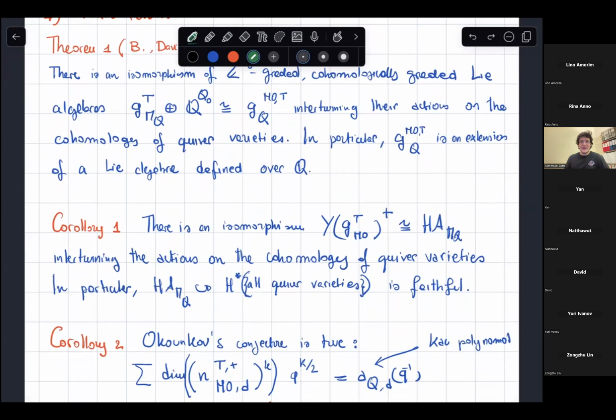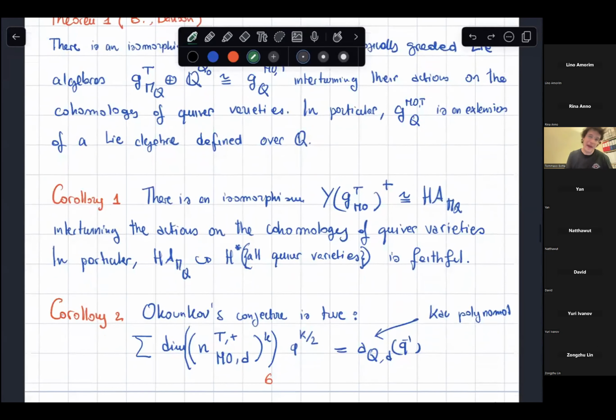Another cool thing is that from our result, it follows that Okounkov's conjecture is true. What do I mean by this? It means that the graded dimensions of the positive part of the Maulik-Okounkov Lie algebra are given by the coefficients of the Kac polynomials.